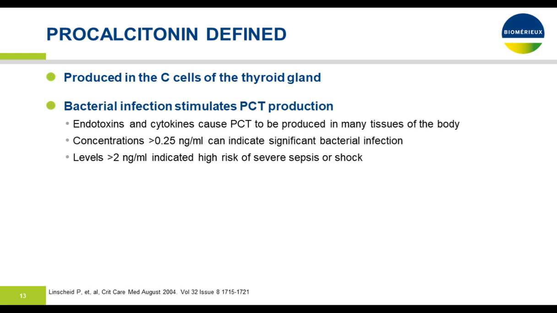We know that concentrations greater than 0.25 nanograms per mL encourage antibiotic use, and that studies have shown levels greater than 2 nanograms per mL significantly increase risk of mortality. Bacterial infections, again, secrete interleukins and TNF-alpha, which upregulate procalcitonin production, whereas a viral illness would have gamma interferon secretion, which actually suppresses procalcitonin.